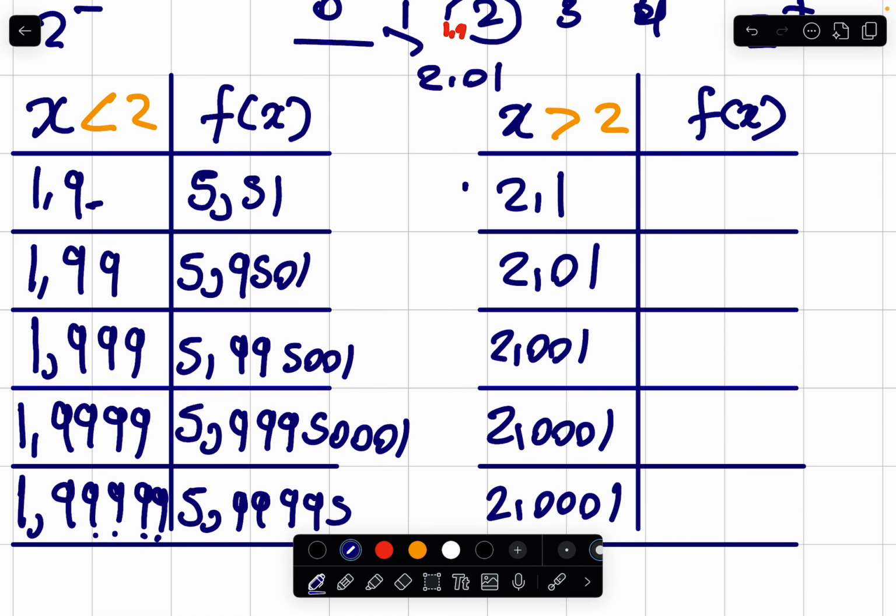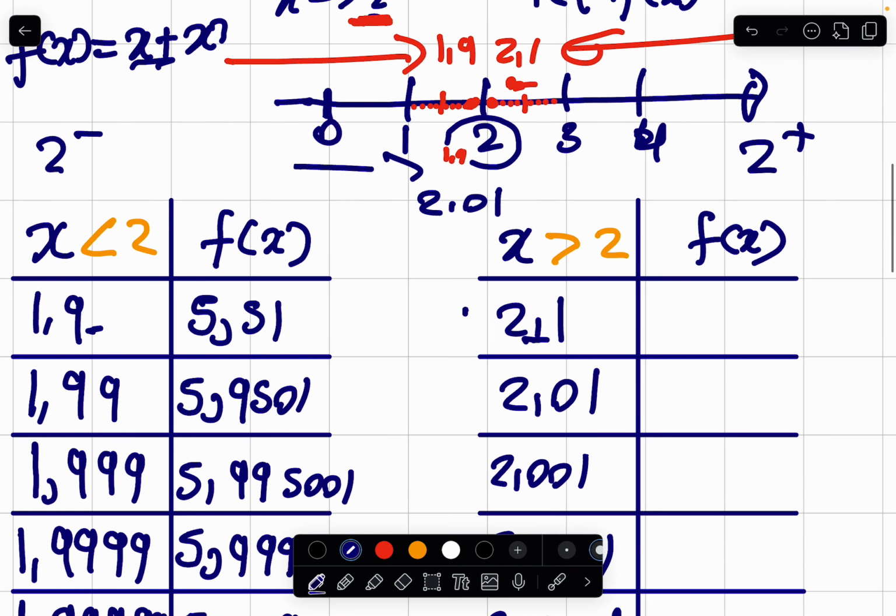So let's go this side now. When you're approaching from the right, you take the 2.1 and substitute it here, then find the value of f of x. You are going to have 2.1 plus 2.1 all squared, which is 6.51. Then you put 2.01, which is 6.0501.